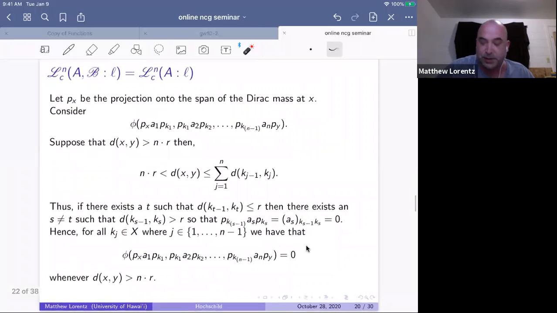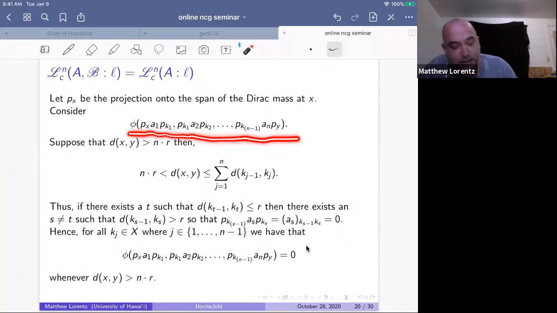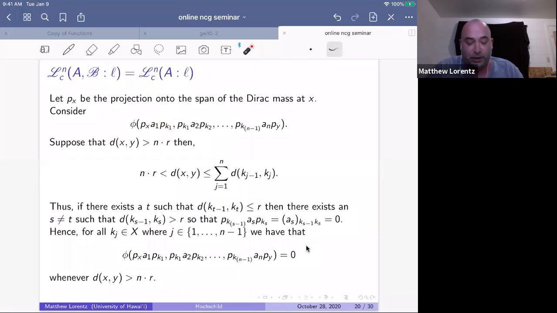So let's let P_x be the projection onto the span of the Dirac mass at x. And let's consider this. So what we're doing is we're putting these projections, they're rank 1 projections in L infinity of X, around each of these a's that we have.